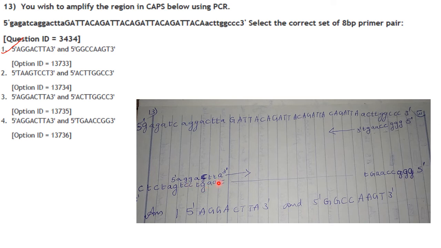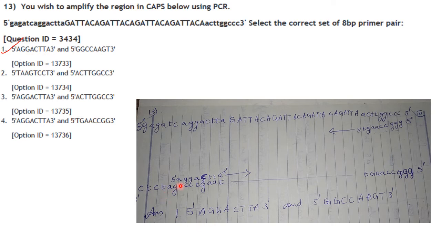So you start from here, A, G, G, A, C, T, T, A. That is option 1, that is A, G, G, A, C, T, T, A.